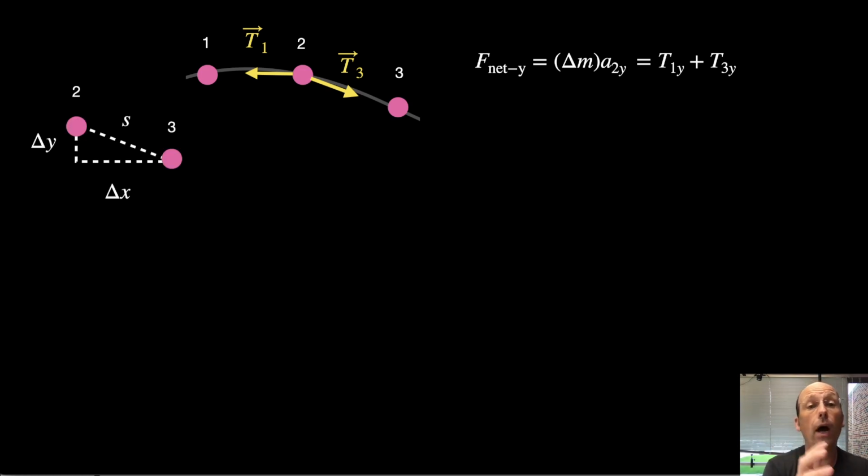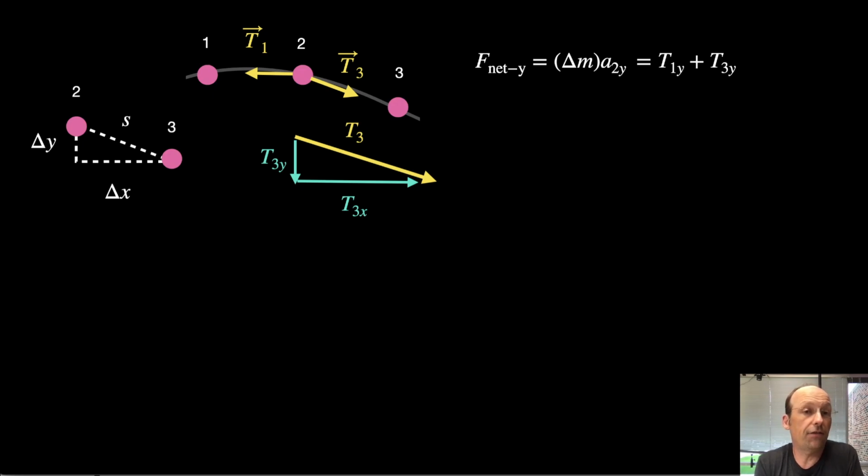So I need to get the y components of these forces. I can assume that the tension's towards mass 3. So using the position of mass 2 and the position of mass 3, I can get the y component of T3. So this is delta y, the y displacement, delta x is the horizontal, and s is the distance. So I get this similar triangle for the tensions, for T3.